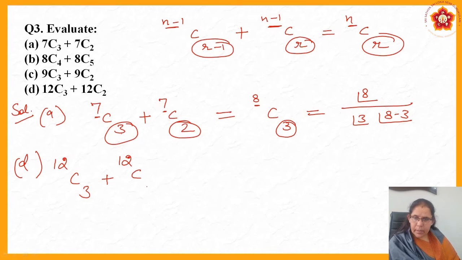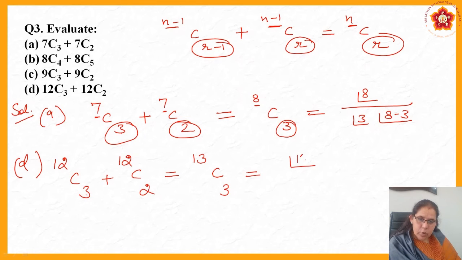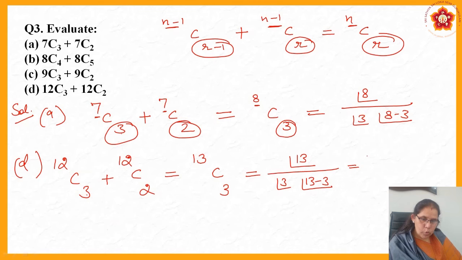12C3 plus 12C2. So 12, one more than that will be 13C. Now out of 3 and 2, which is greater? 3 is greater, so write down 3. So when we solve it, it will be factorial 13 upon factorial 3 into factorial 13 minus 3.